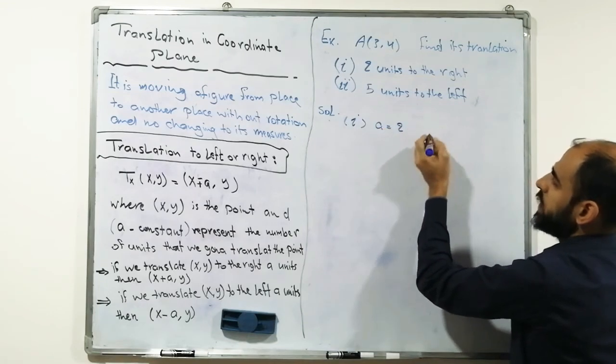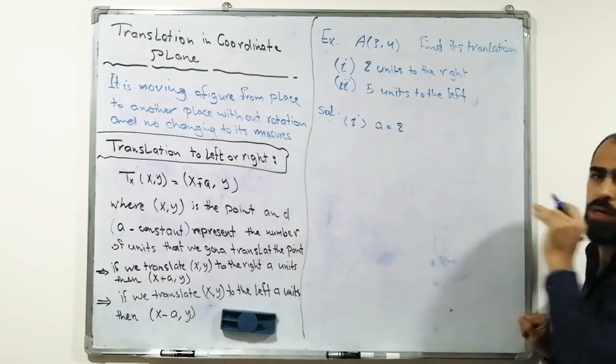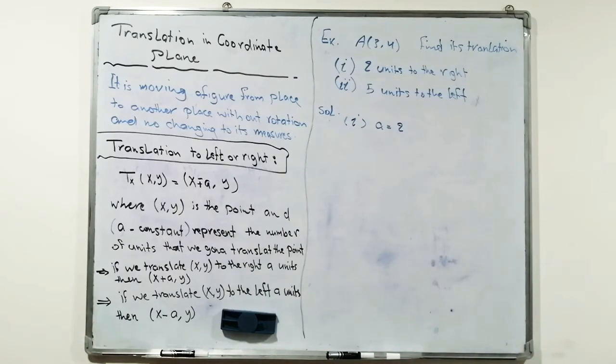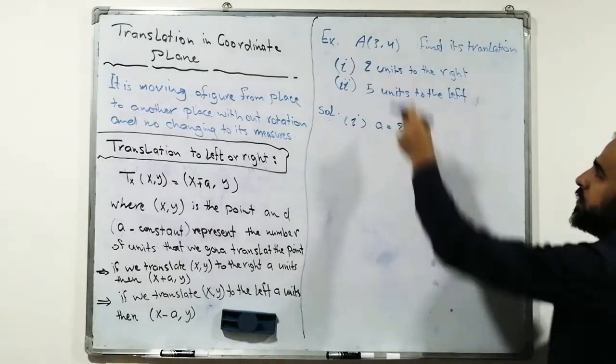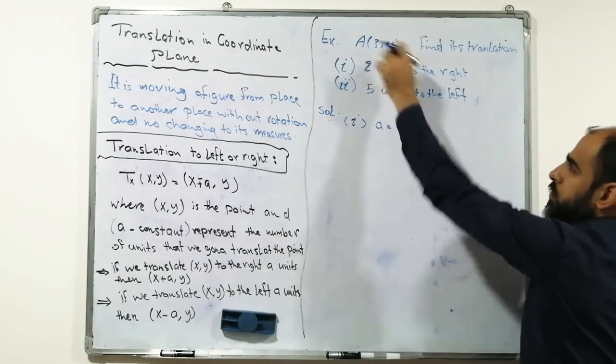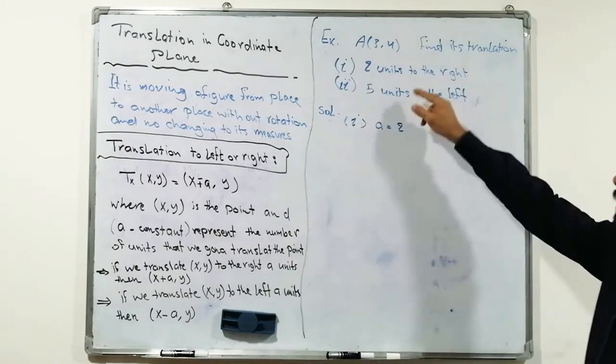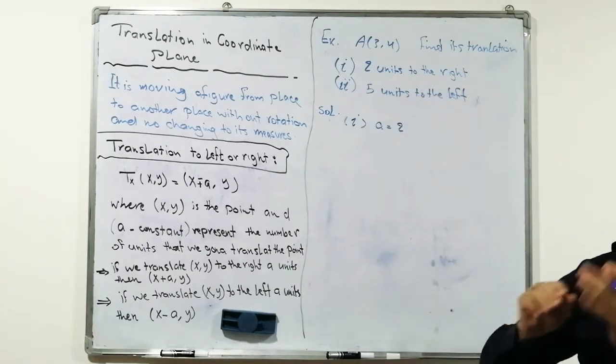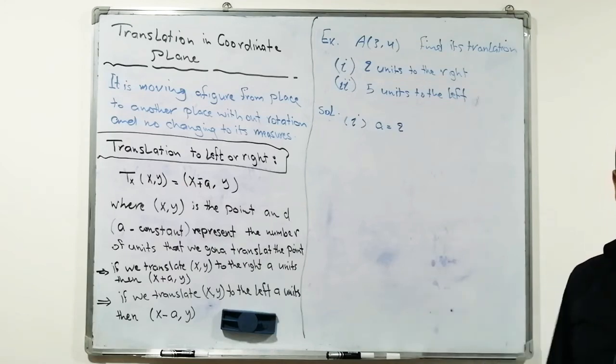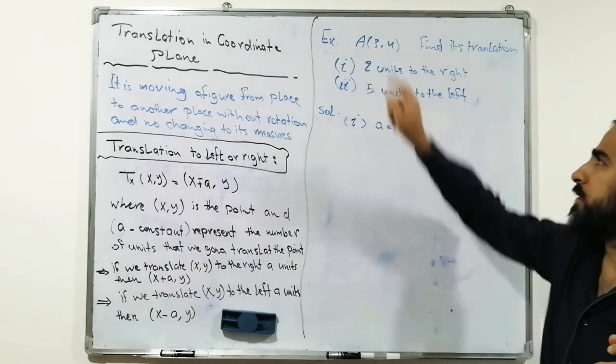And translate to the right, that's meaning we're going to add 2 points to x of the 3. Why? We have translate to the right, that's meaning we're going to add or subtract from the first part of the point.